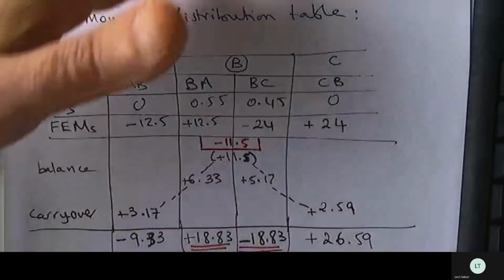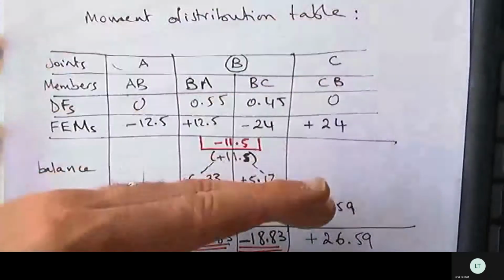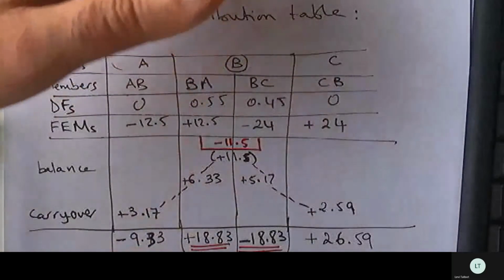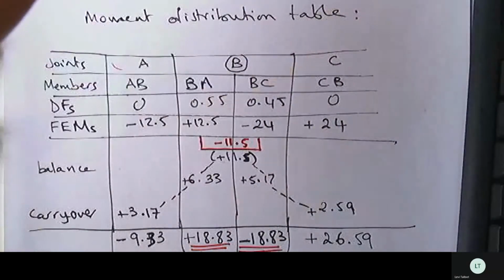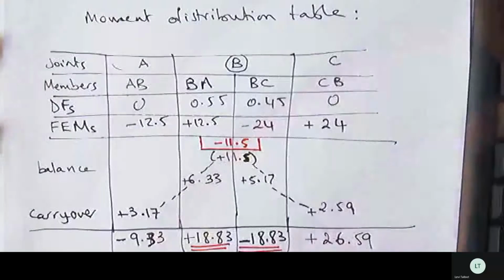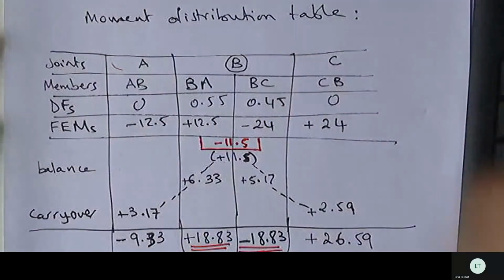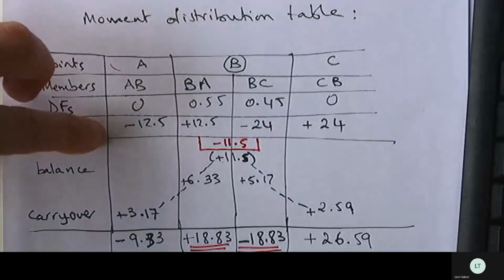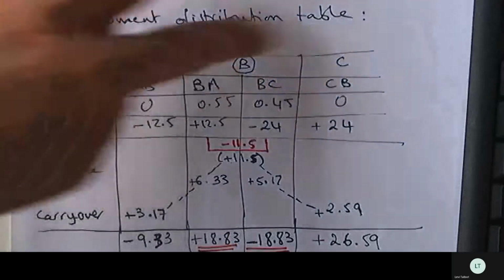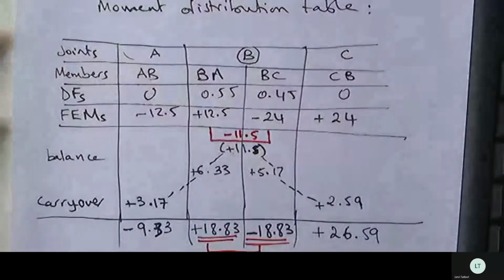We've done it slowly here, but when you know the method, it's very systematic, and it doesn't take 10 minutes to do the whole lot, because we've been doing it slowly, explaining and so on. The more examples you do, you find that the method is very, very simple and systematic to use. Really, all you have to do is determine the distribution factors and the fixed moments. Once you've done that, you draw your table, it gives you the moments straight away.